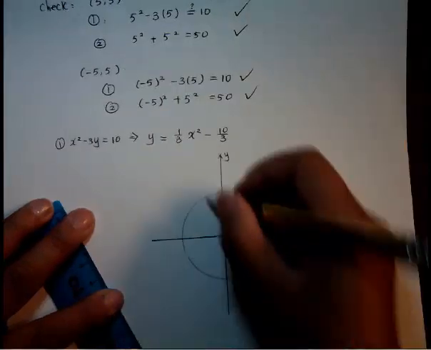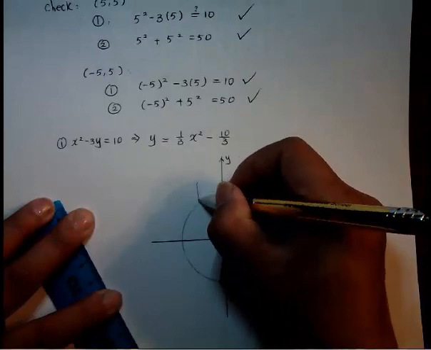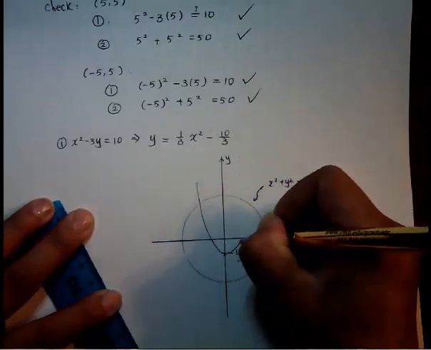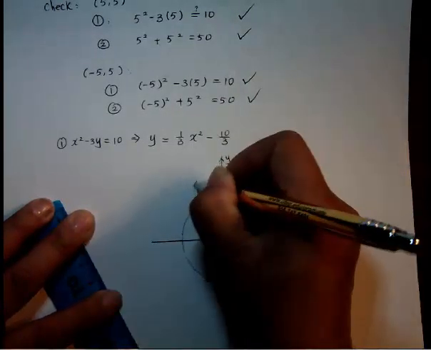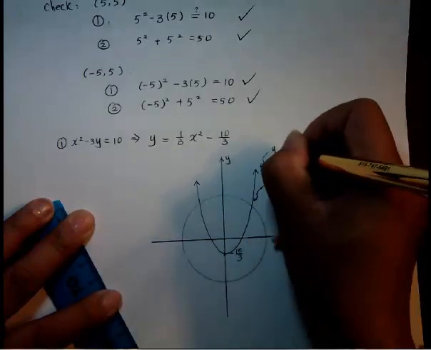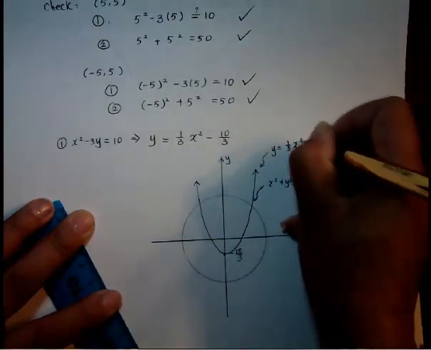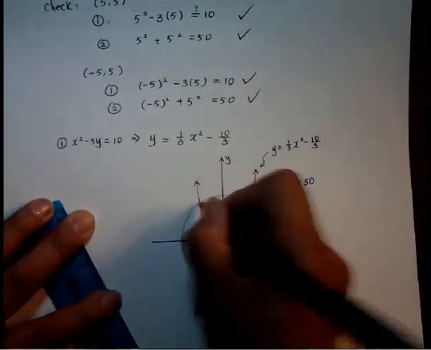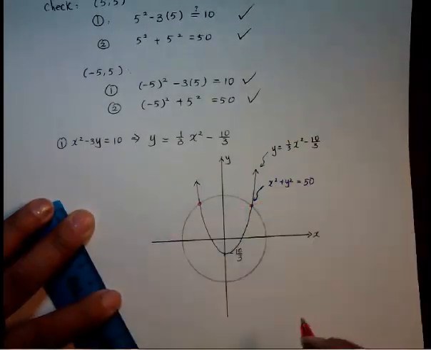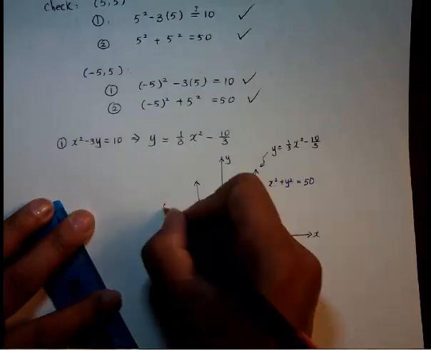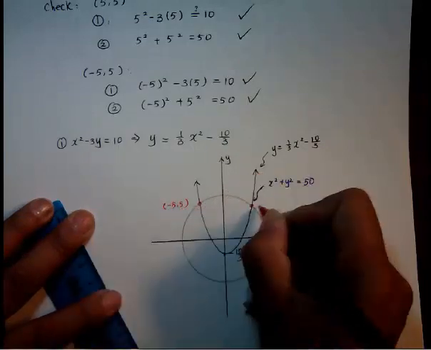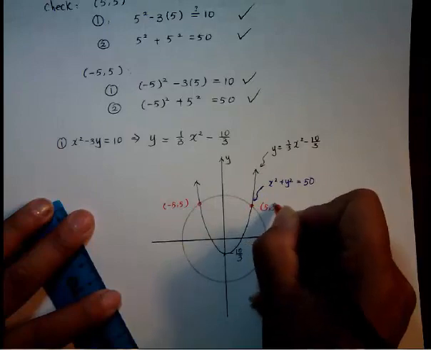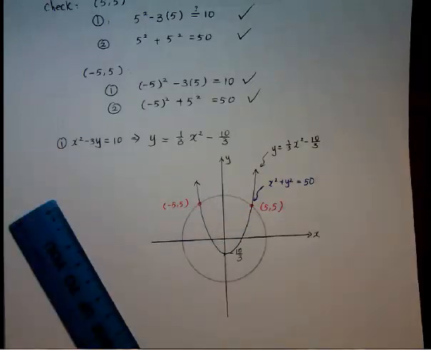And you will have a parabola more or less open upward, right? So that's the equation y equals 1/3 x squared minus 10/3. And these two graphs intersect at these two points. Okay, so this point will be negative 5, 5, and this point will be 5, 5 right here.